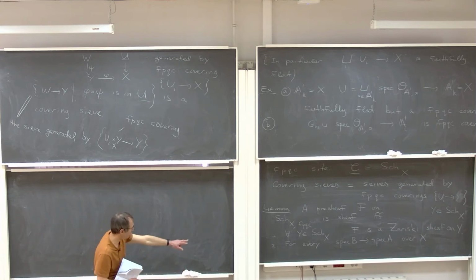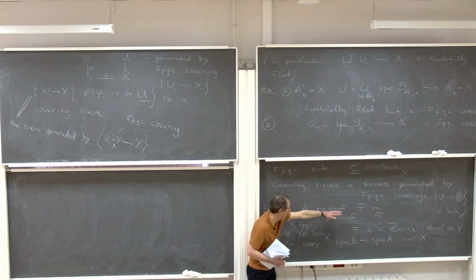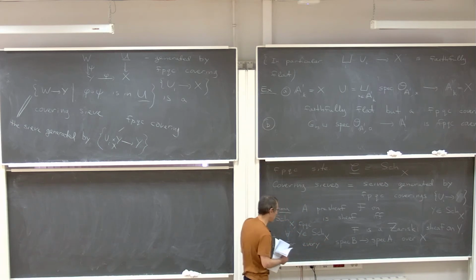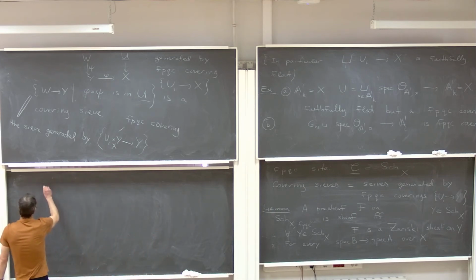Okay, so I haven't finished the second condition. So the first condition for F to be an FPQC sheaf is that it's a Zariski sheaf, and the second condition is also understandable. It's the following.